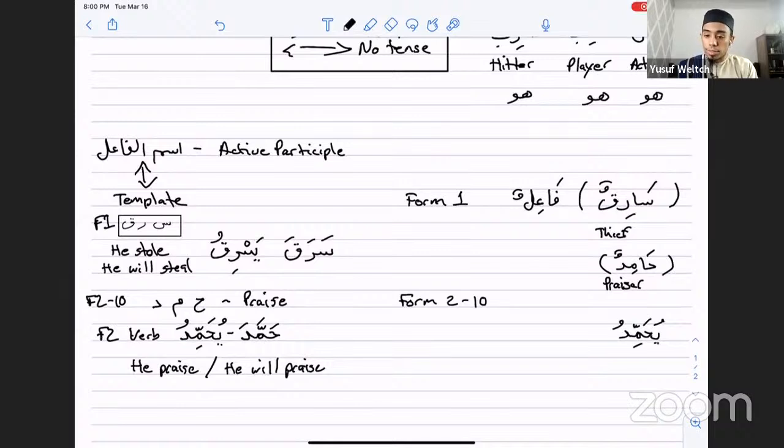Okay, and then we change the يحمد to a meme with a dhamma, exactly. So we change the ya, the first letter which indicates the pronoun, to a meme.